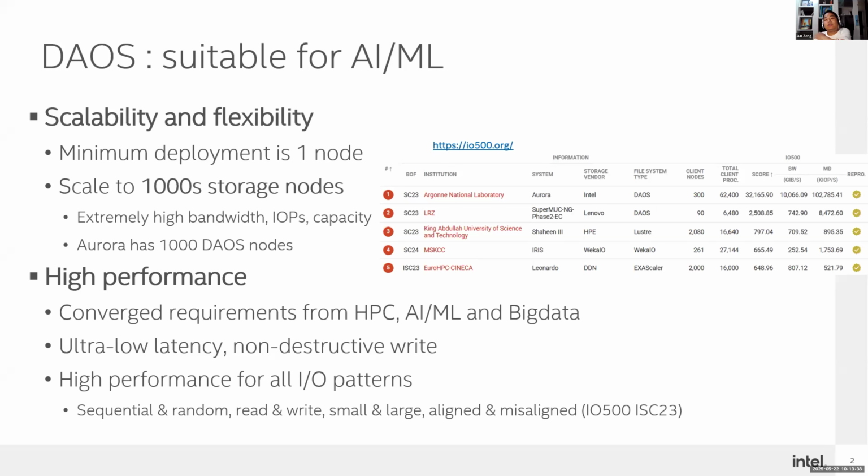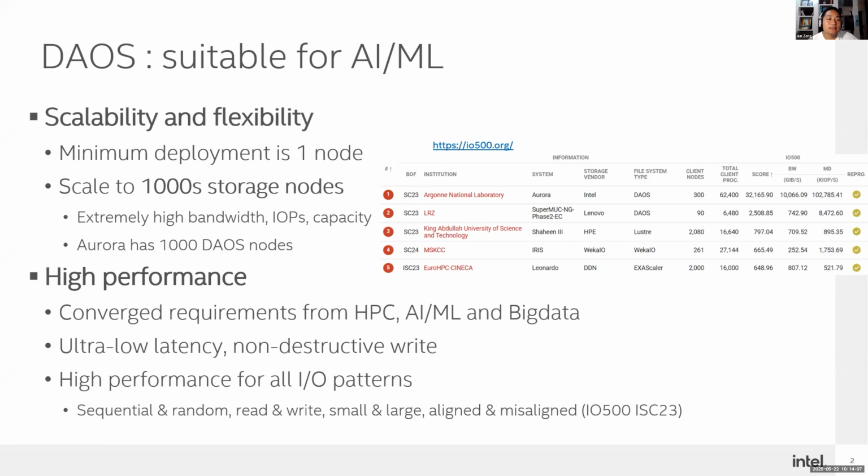First, I will introduce some background information to see why QLC is needed for DAOS. First, we want to see that DAOS is suitable for current popular artificial intelligence and machine learning. We just want to highlight 2 points. The first is the scalability and the flexibility.